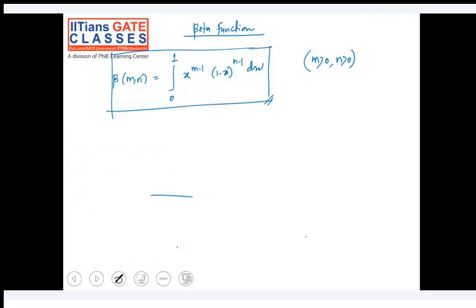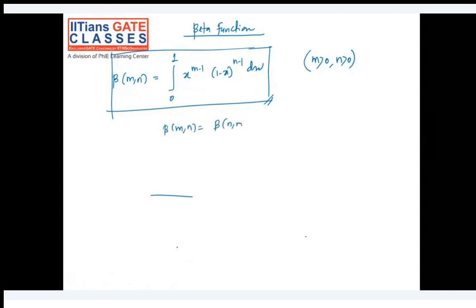Another point you should know is beta m comma n is the same as beta n comma m. Both the values are same. And the relationship between beta and gamma function is gamma m into gamma n divided by gamma m plus n.